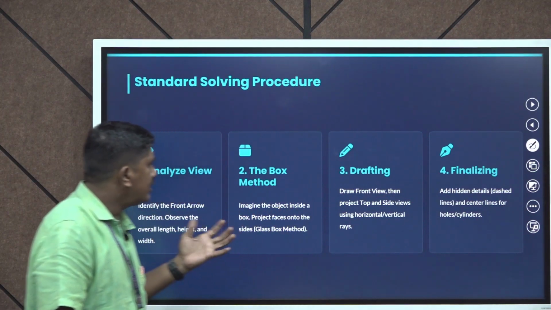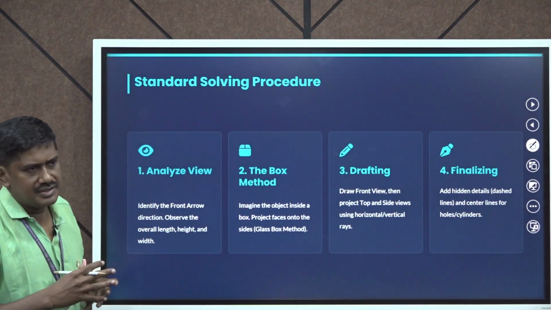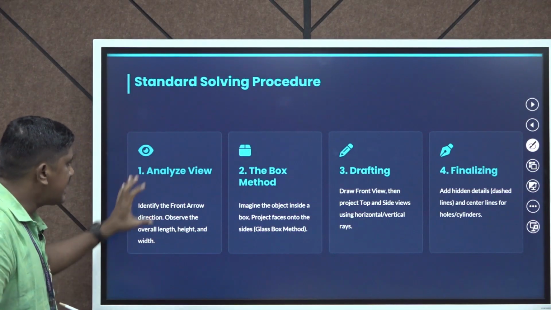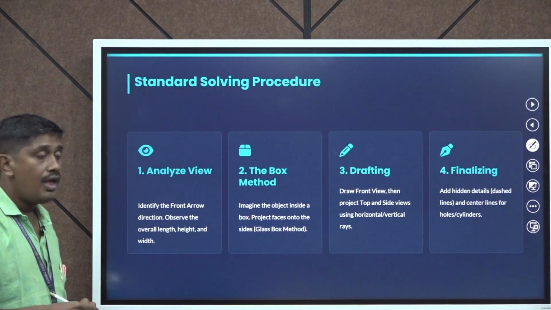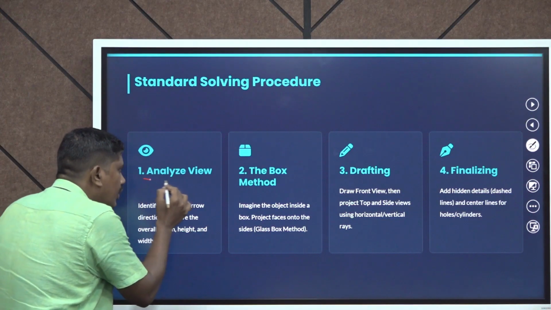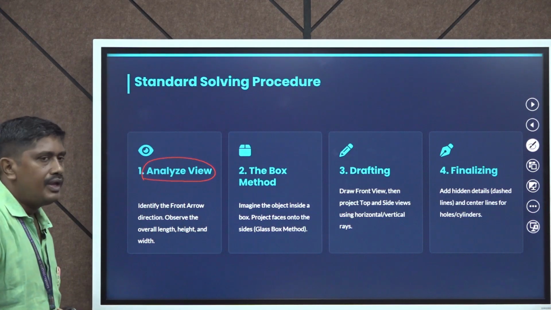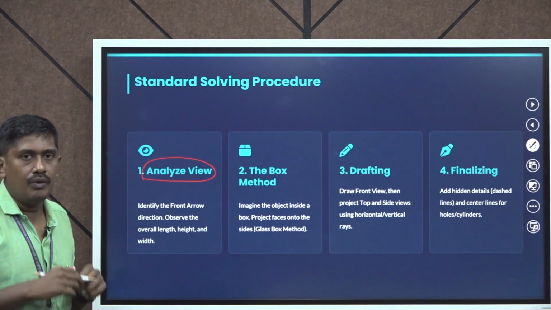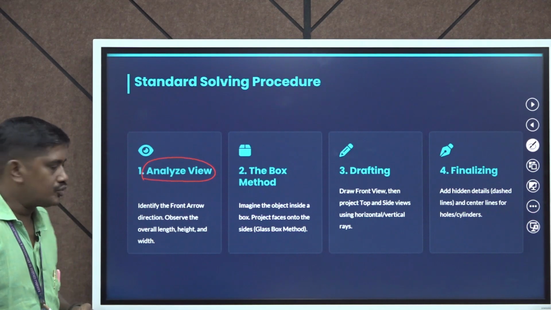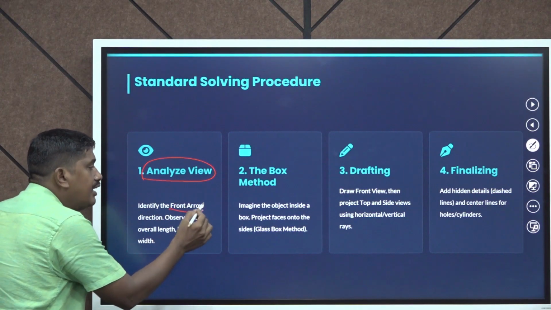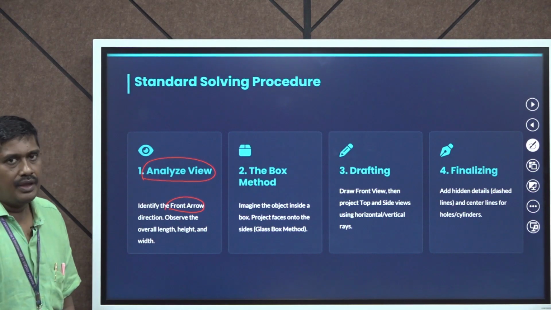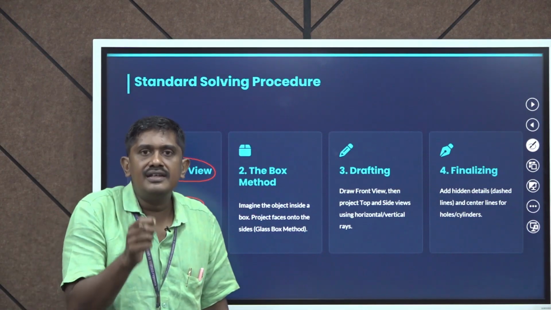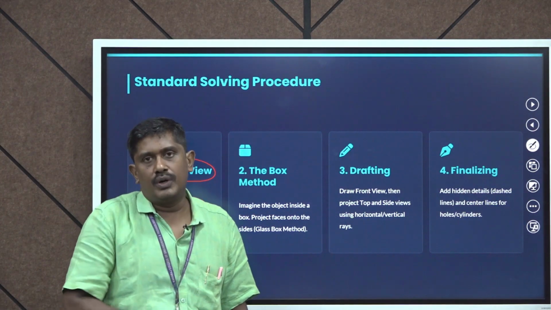And what are the standard solving procedures for conversion of 3D to 2D? First and foremost is analyzing views, because this is a very important stage which is directly connected to shop floor persons. How? We will see on the next slides also. Identify the front arrow. If it is not given, we should identify which is the correct one.